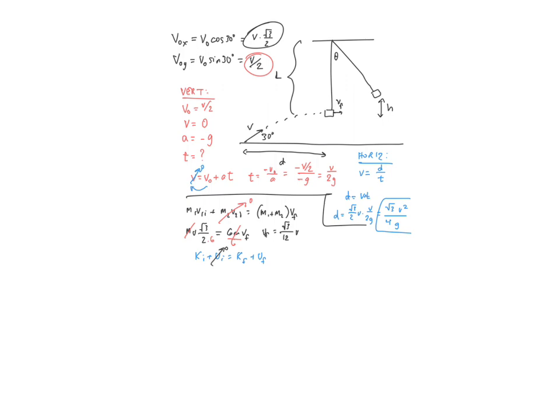And when it reaches the highest point up here, it momentarily stops right before it swings back down, so the kinetic energy at this point will be equal to 0.